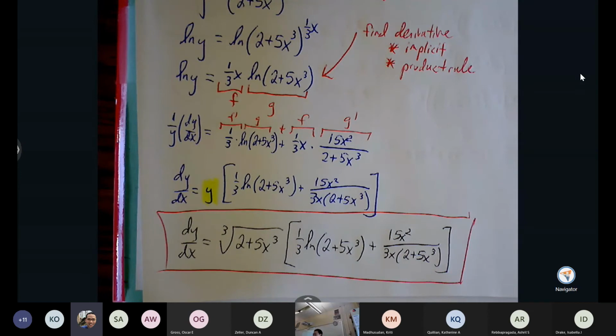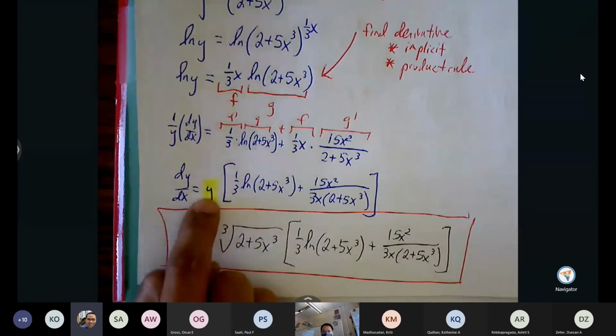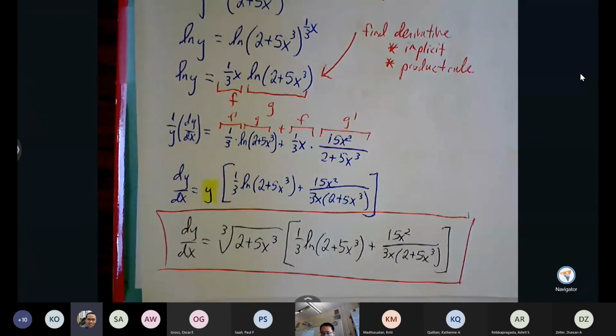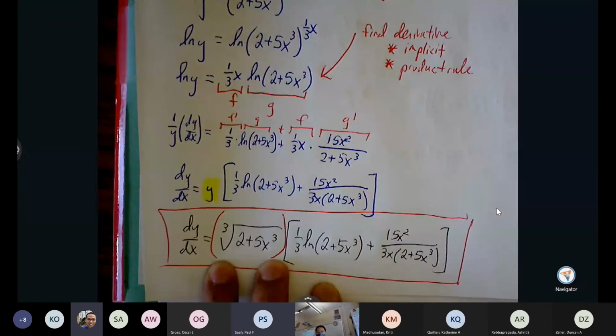Mr. Yang, I have a question. Yeah, question? When you write the equation for the last time, when you rewrite y, do you not have to put it in parentheses and then put the x? You're asking about this y here? Why don't we have to leave this in parentheses? No, like underneath the root, like how they wrote it in the initial problem.